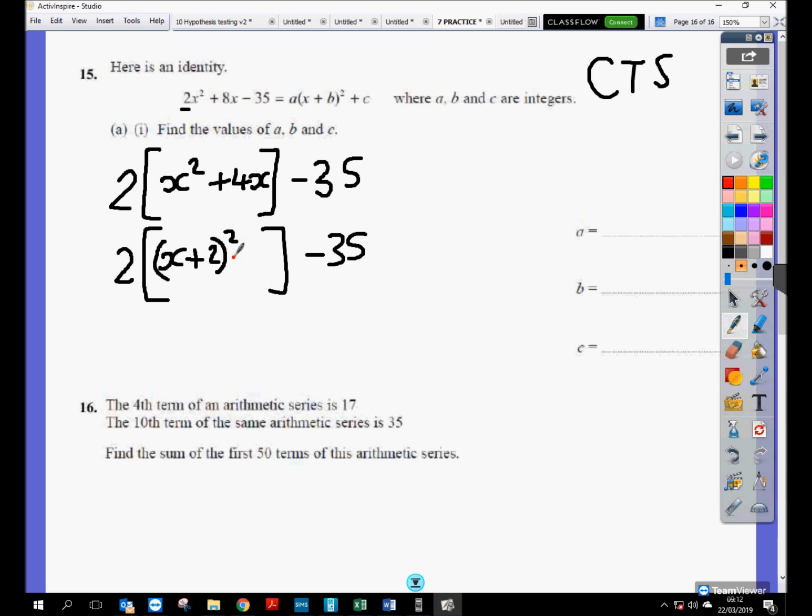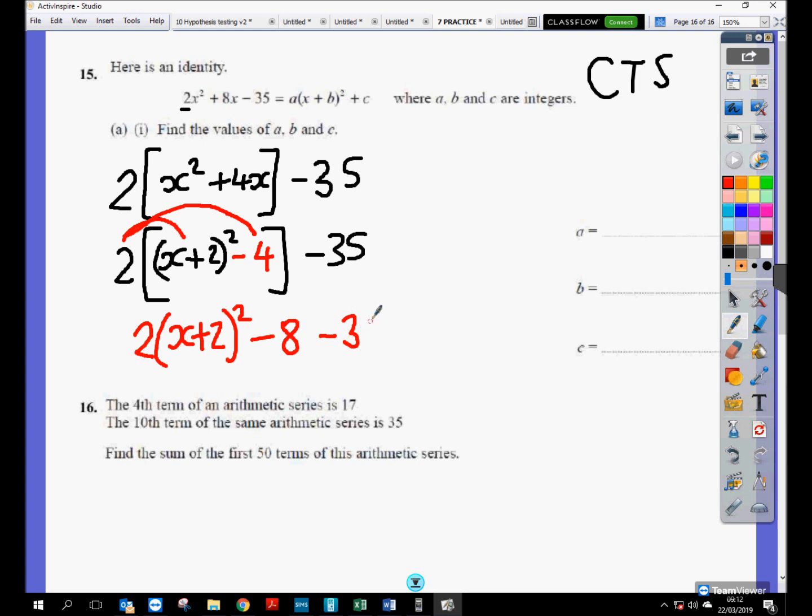You then subtract the number in this bracket squared. 2 squared is 4, so you subtract 4. Now we very carefully multiply out the square bracket. 2 times the bracket stays as 2 times the bracket; it doesn't affect the inside of the bracket. 2 times negative 4 is negative 8.